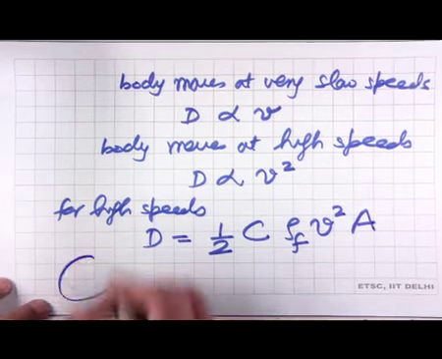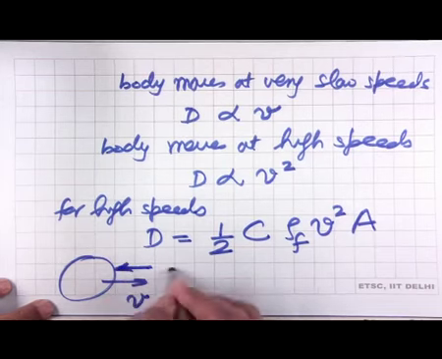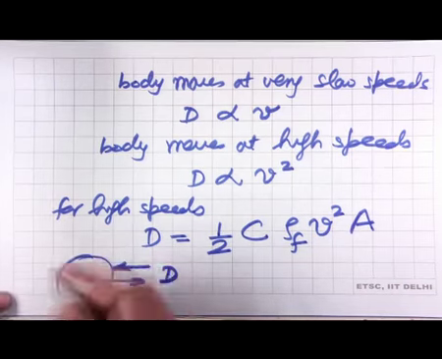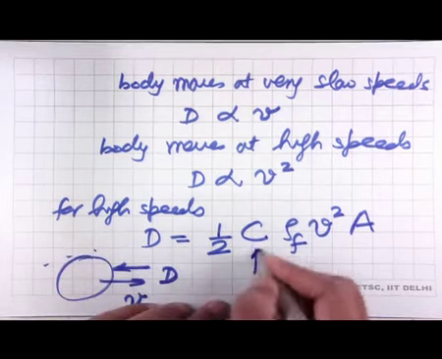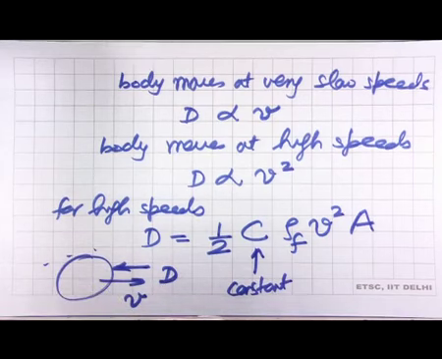So, we have a body which is moving like this with a velocity v, and the drag force on this, which is the force in the direction opposite to the velocity because of the surrounding fluid, will be half times C. This C is a constant which is dependent on the shape of the body.